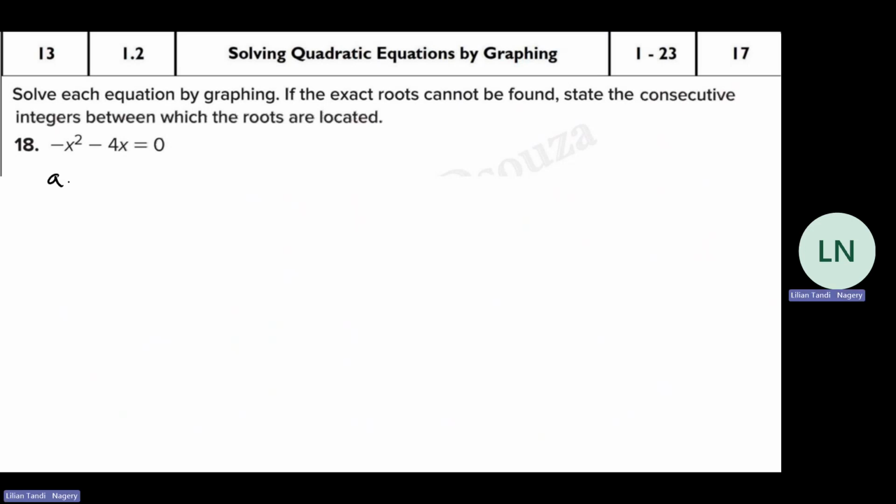My axis is negative 2. My y-intercept is 0, 0 because I don't have C here. So C is 0, so 0, 0. My reflection is negative 4, 0. Then I did my vertex.